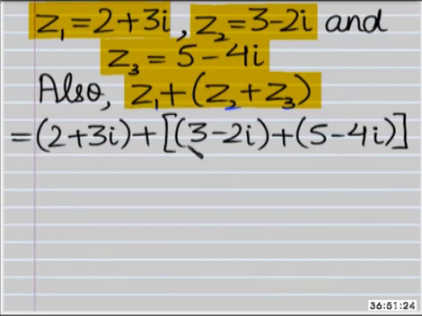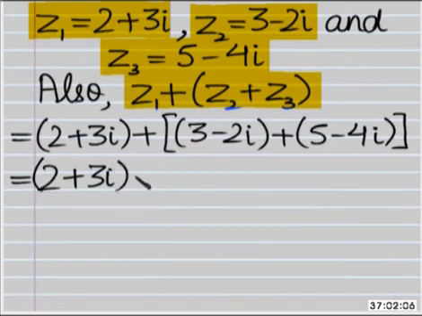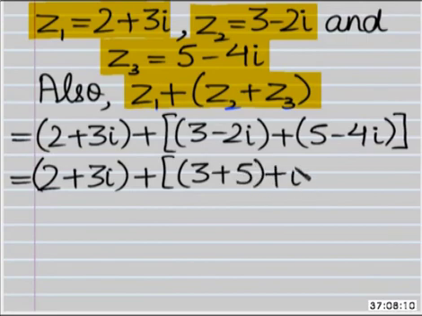On combining the real and imaginary parts and then solving, it is further equal to 2 plus 3 into iota whole added to 3 plus 5 plus iota whole multiplied by minus 2 minus 4.